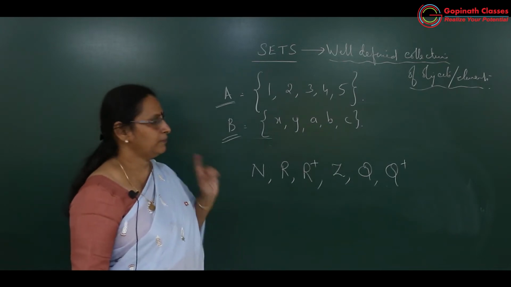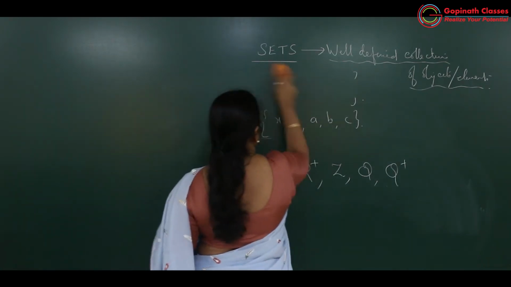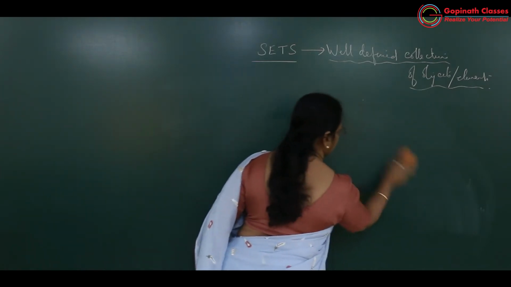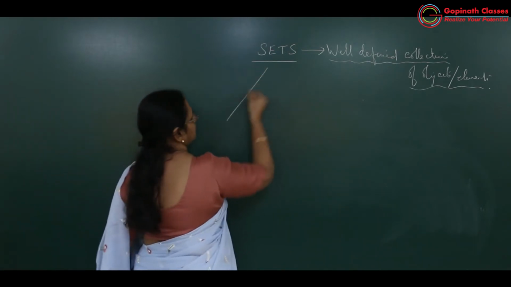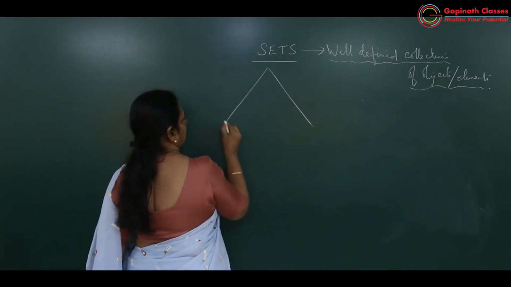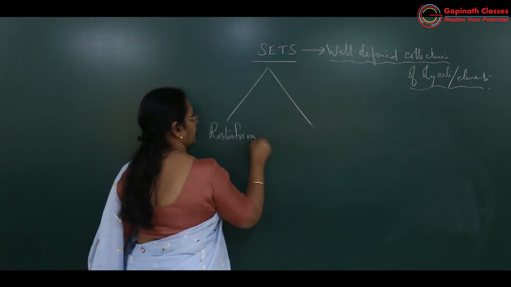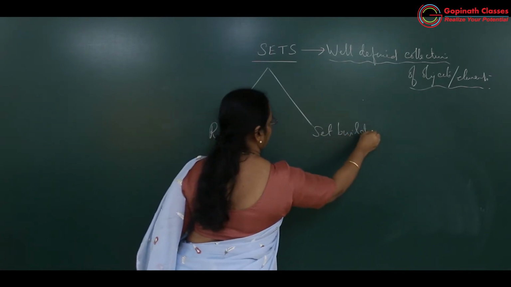Then there are two methods of representing sets. A set can be represented in two ways. One is roster form, and the other one is set builder form.